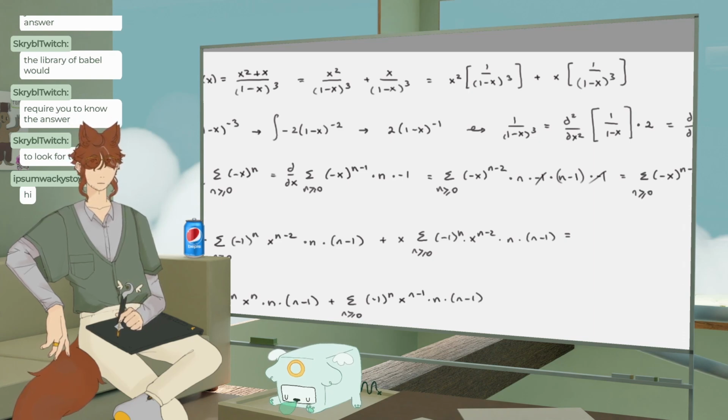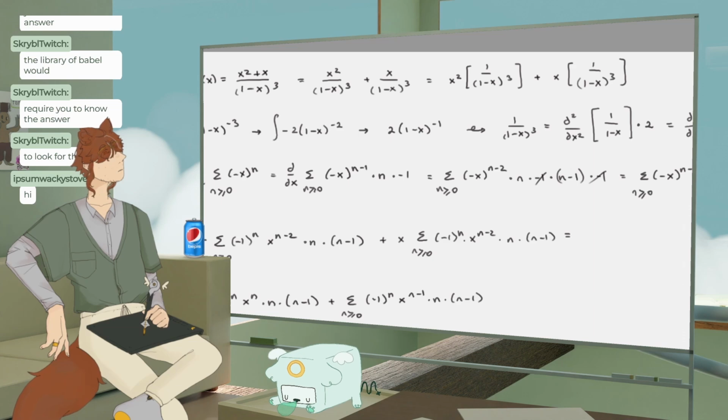Okay, integral. Me when I get my basic calculus wrong. It should be like negative 2. Wait, am I stupid? Manual integration. Wait, that's 3. I didn't do negative 3.